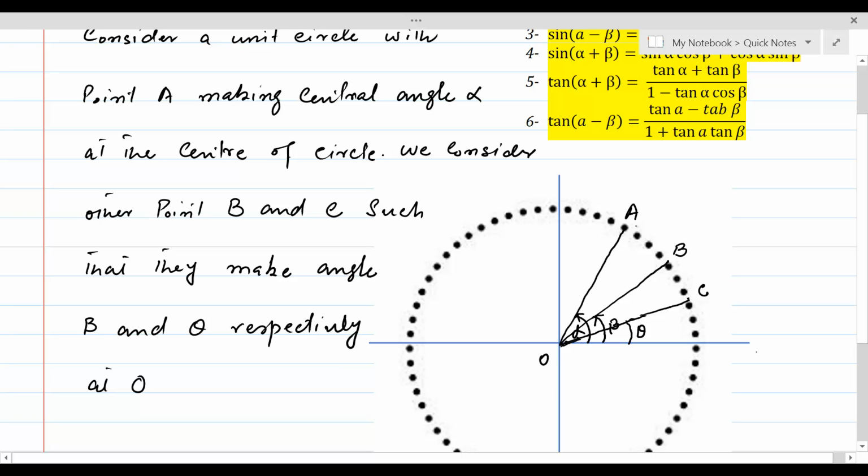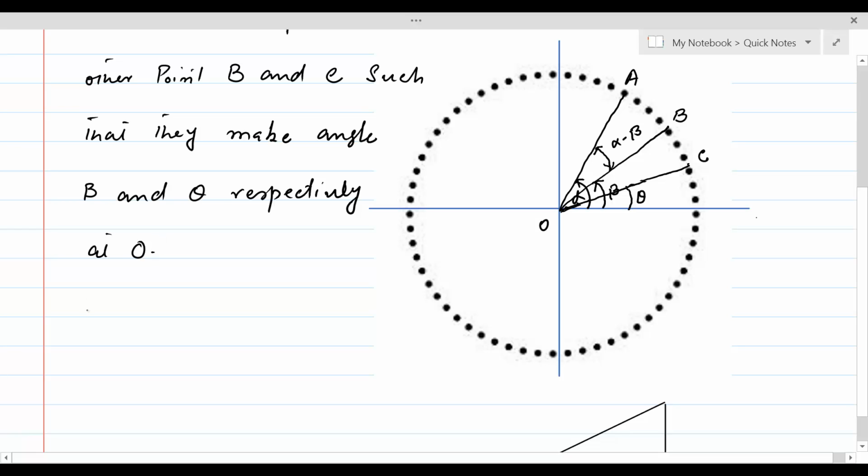Then obviously the angle which AOB is making at the center is alpha minus beta.